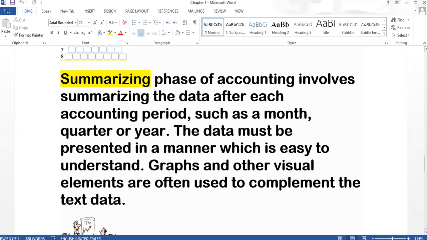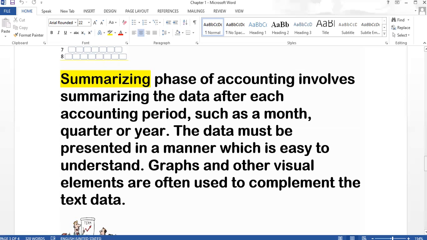I'll be collecting all the data, putting everything month wise, and I can get the whole data of the salaries, office expenses, or staff welfare of all the employees, and how much will be the total for the year, the month, or the quarter. So summarizing is basically putting everything together period wise.